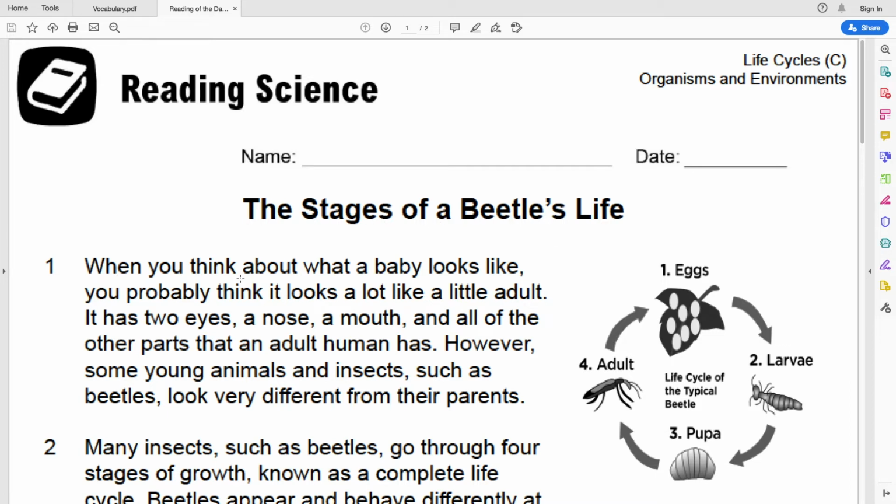When you think about what a baby looks like, you probably think it looks a lot like a little adult. It has two eyes, a nose, a mouth, and all of the other parts that an adult human has. However, some young animals and insects, such as beetles, look very different from their parents.